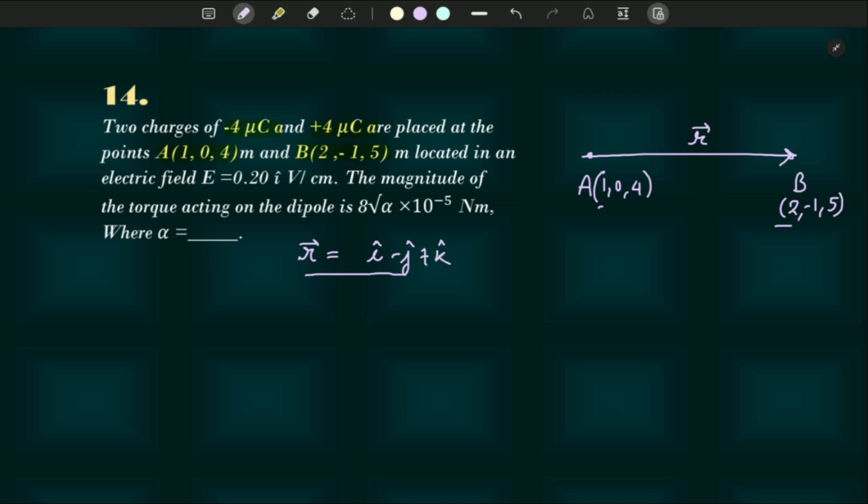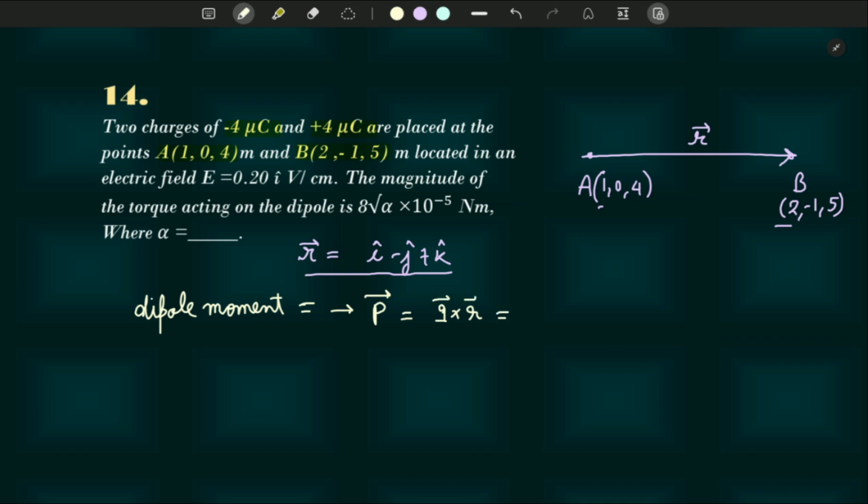This is our R vector. I need to find the dipole moment. So dipole moment, this is P. I usually write dipole moment as P. So this is Q into R.